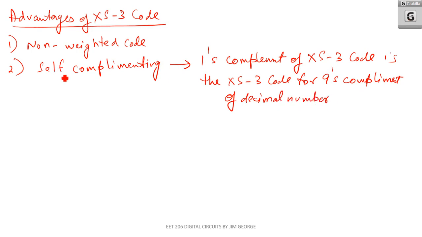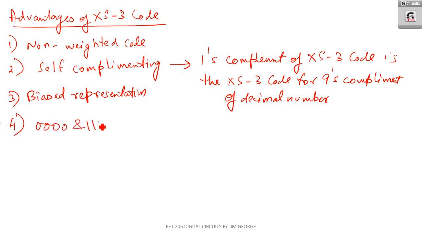Third one, it is having a biased representation. Fourth one, the codes 0000 and 1111, these four zeros and four ones are not used.